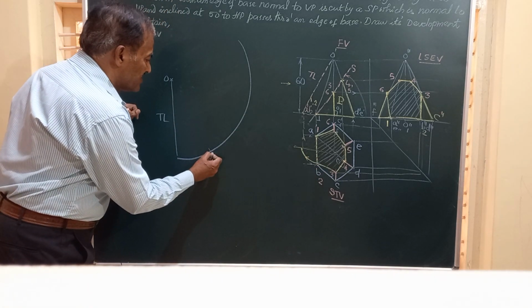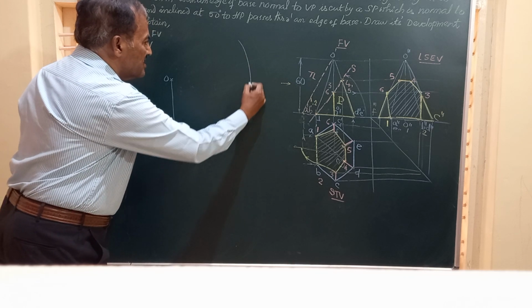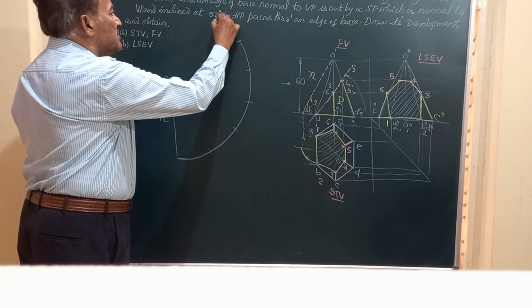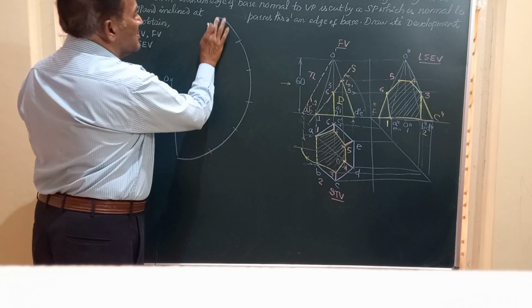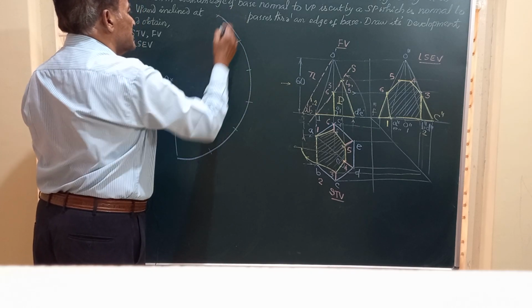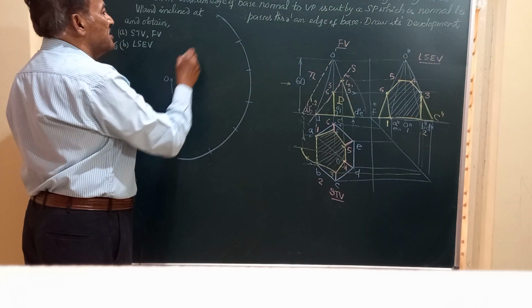Say this is the first step, second, third, fourth, fifth, and say this is the sixth. So this is the last division, sixth. And join all these points to the apex.